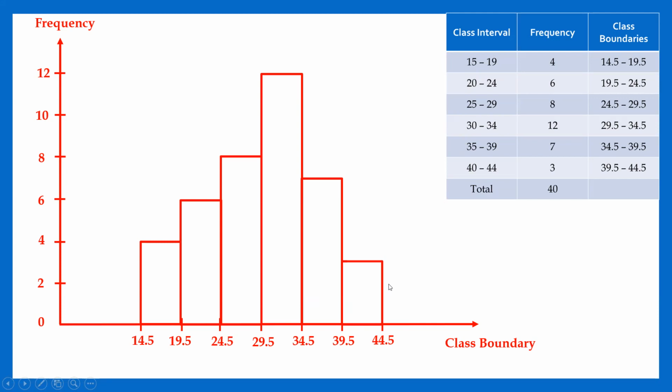When we create the frequency polygon with a histogram, we should add two classes with frequency 0, before and after. The class boundaries should be 9.5 and 49.5.